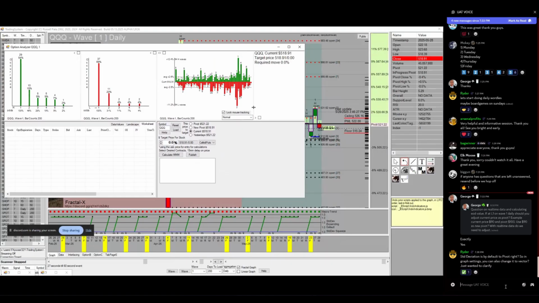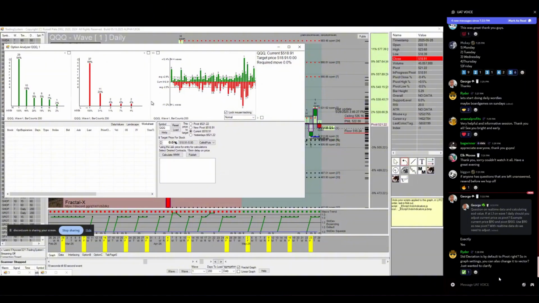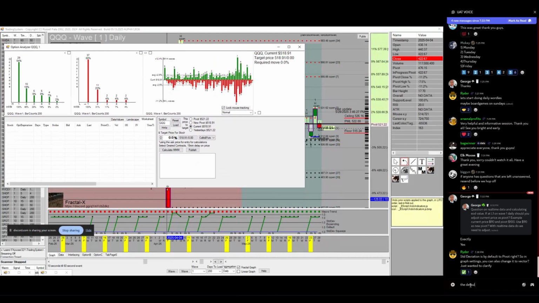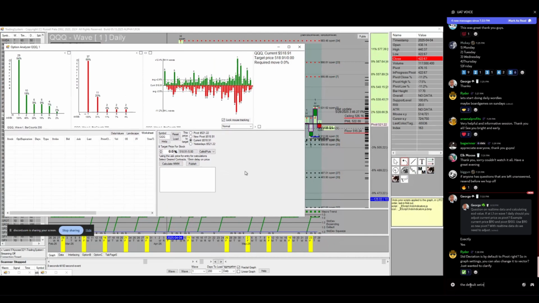So if it seems quantitatively like I have decision support information that 518.91 could be a pivot, I would pick current 518.91, and then it would adjust the values around that.